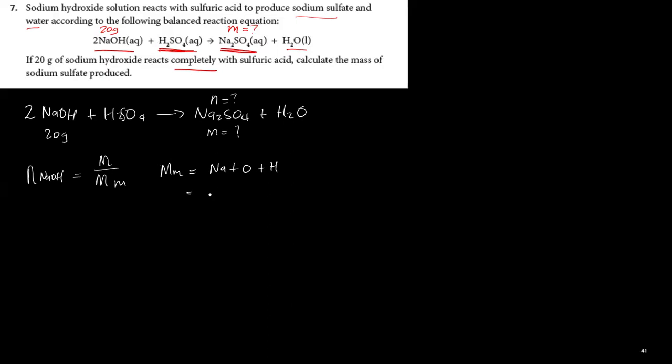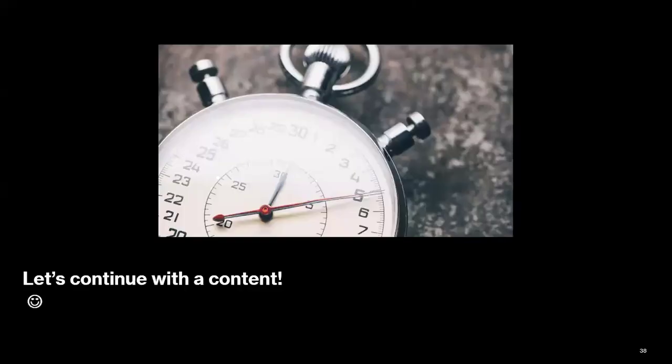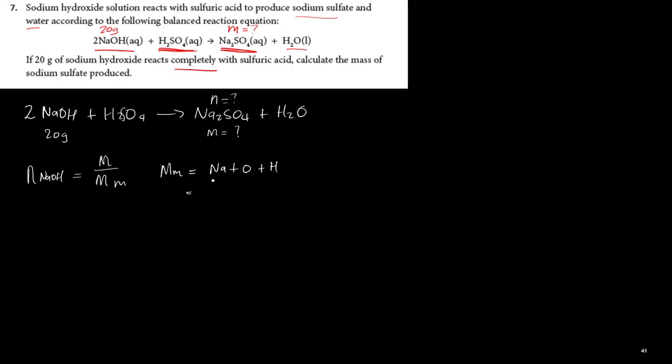From the periodic table, sodium is 23, oxygen is 16, and hydrogen is 1. Therefore 23 plus 16 plus 1 gives 40, so the molar mass will be 40 grams per mole.